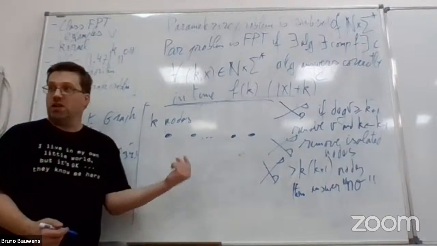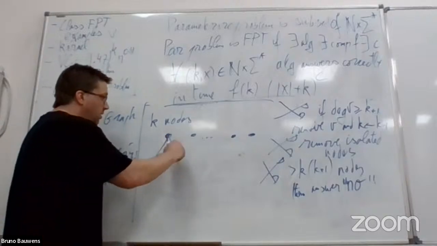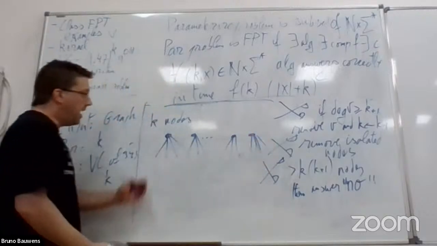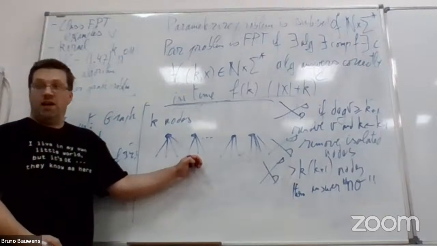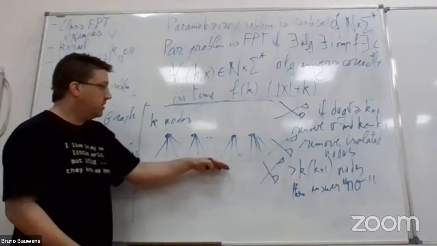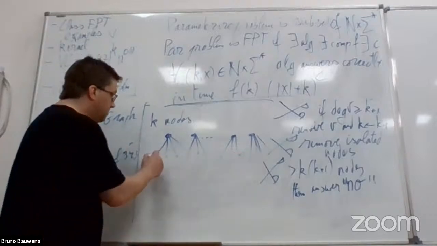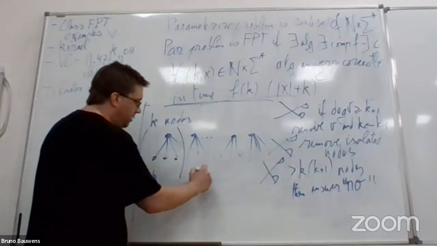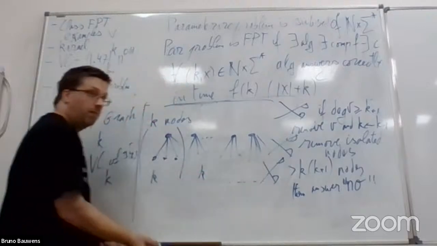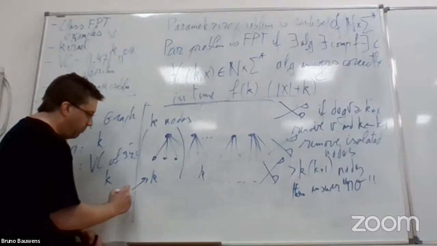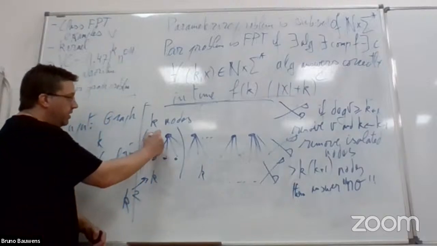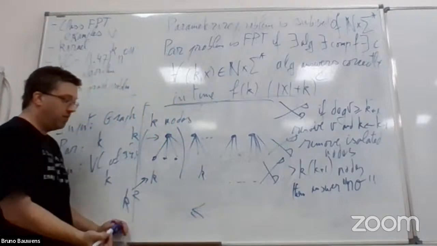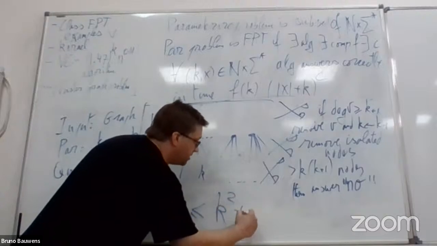In the worst case, the edges go to different sets of nodes. Each cover node can be adjacent to at most k nodes, so on this level we have at most k squared nodes, and we also have the k nodes of the vertex cover itself. So if a vertex cover exists, the graph size must be at most k squared plus k.